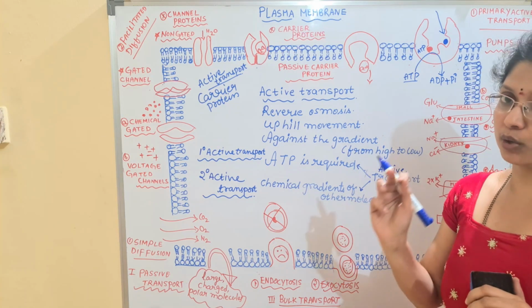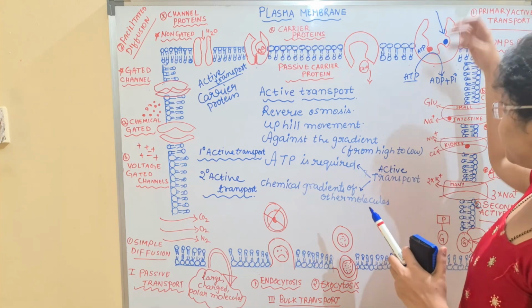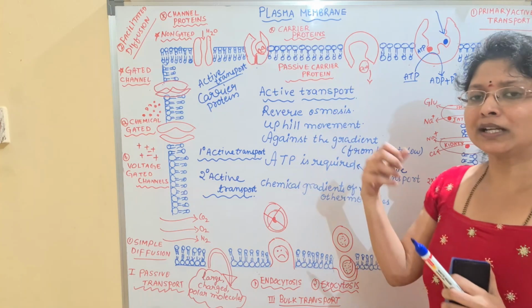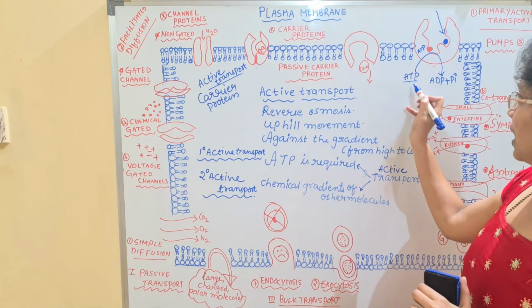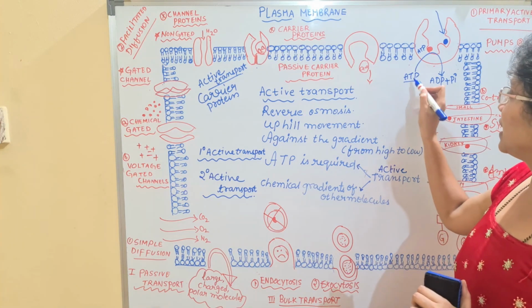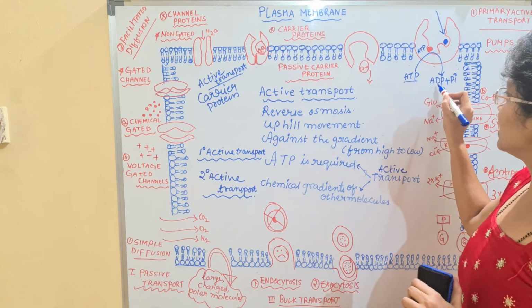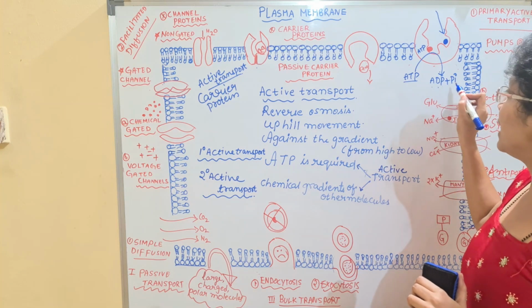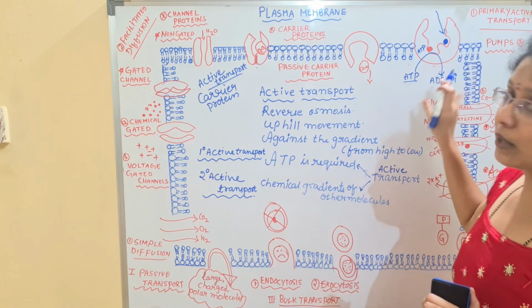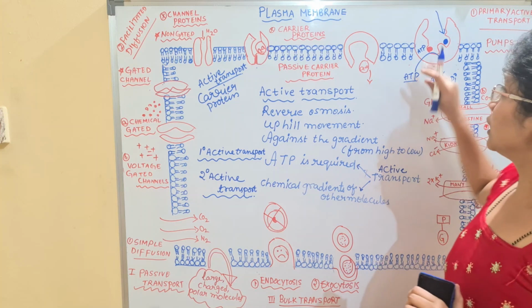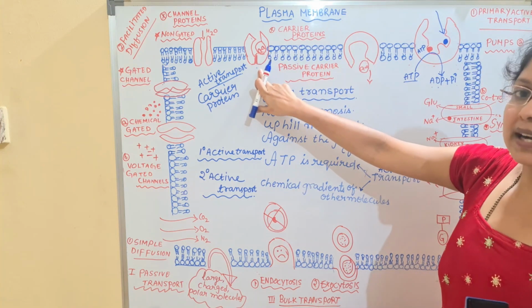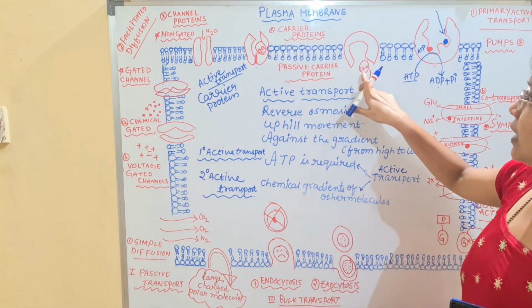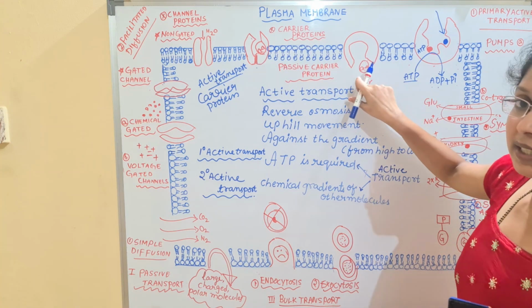One energy molecule is required to push one molecule into the cell or out of the cell. Here is how the hydrolysis happens: one ATP is hydrolyzed into adenosine diphosphate, ADP, plus Pi, and immediately when the hydrolysis has happened, the molecule will be inverted like this. So this is the upright conformation, and later it is the inverted conformation.